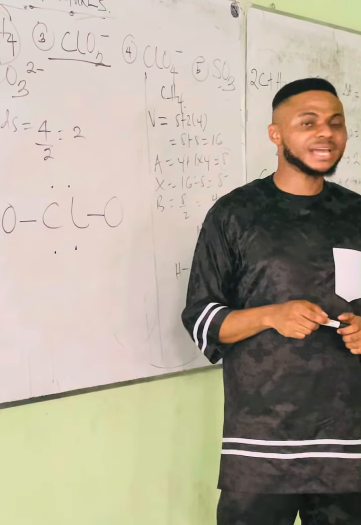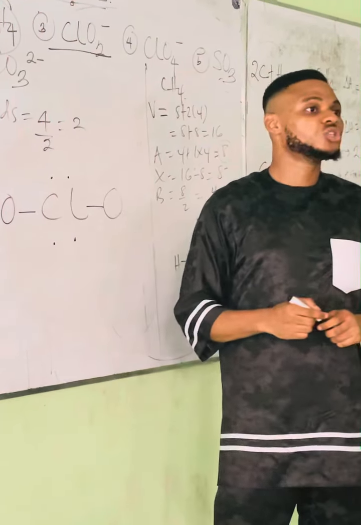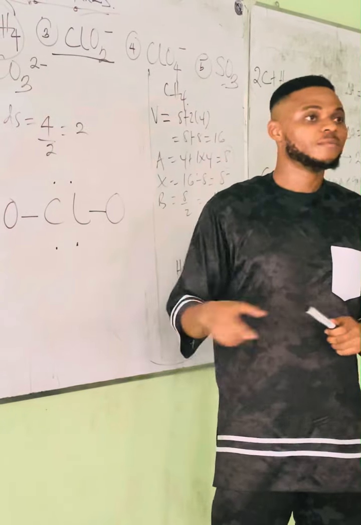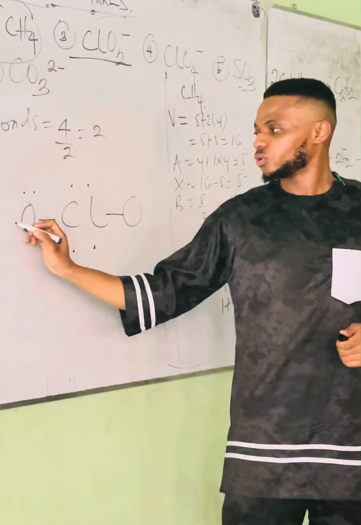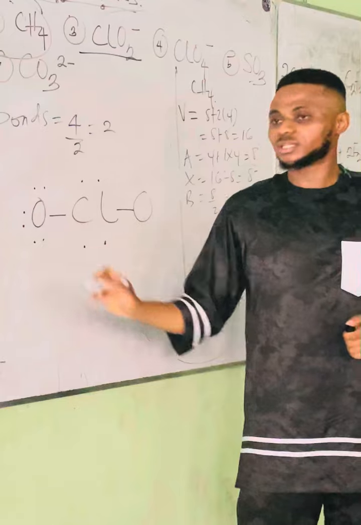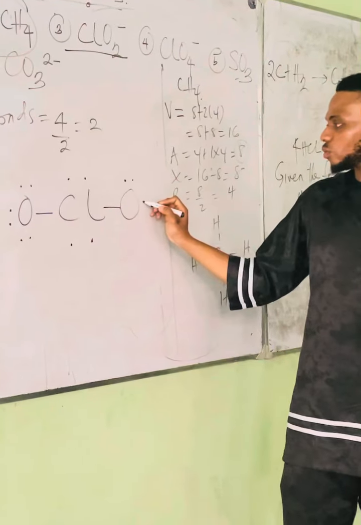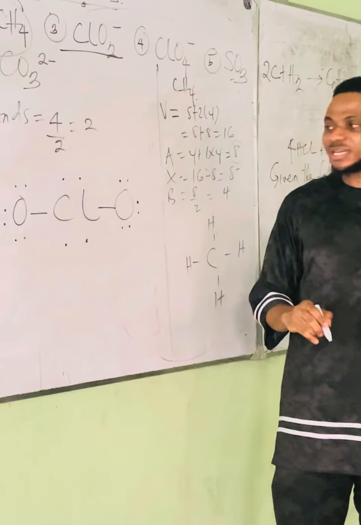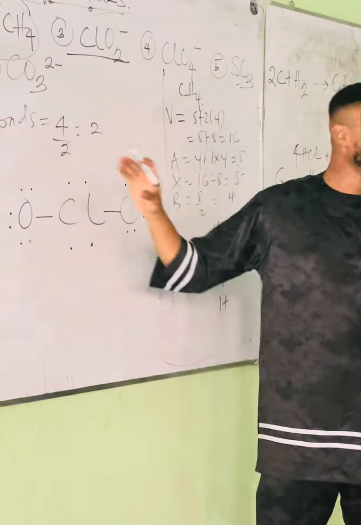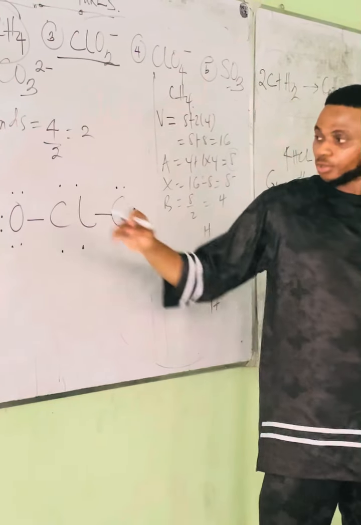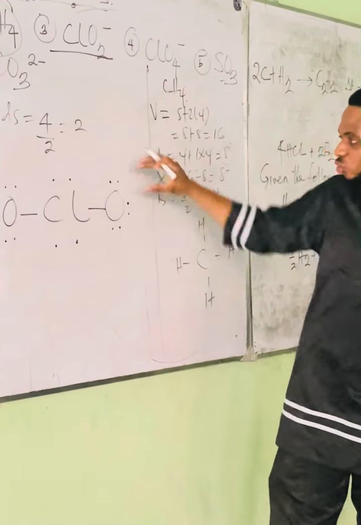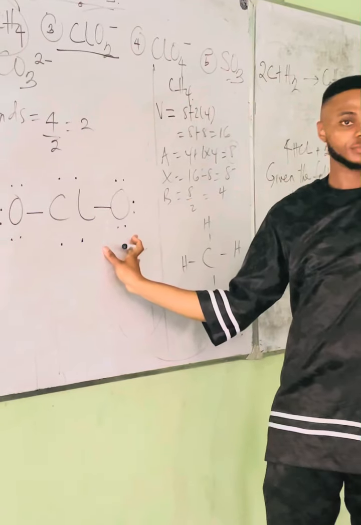Yes, oxygen is not happy. So oxygen needs 6, so we say 2, 4, and 6. I'm not doing merry-go-round, I'm doing it in an organized manner: 2 at the top, 2 by the side, 2 down.